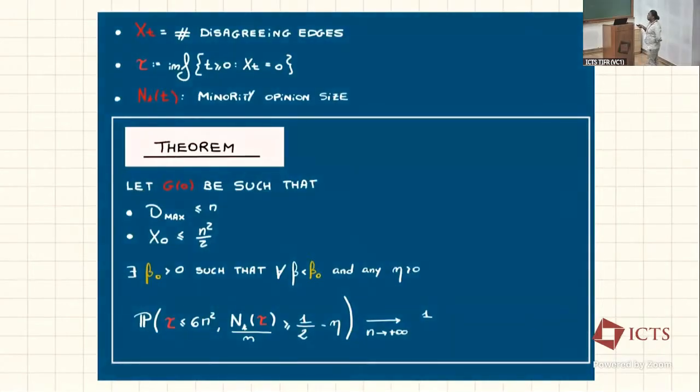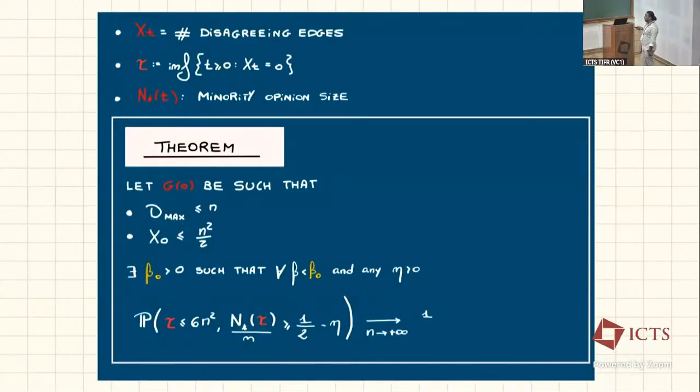Let x_t be the number of disagreeing edges at time t, and tau be the first time where x_t is 0, that is the consensus time, and let n*_t be the number of vertices which hold minority opinion at time t. Then the result is, let G_0 be such that the maximum degree is linear in n, and the initial number of disagreeing edges is less than or equal to n squared by 2.